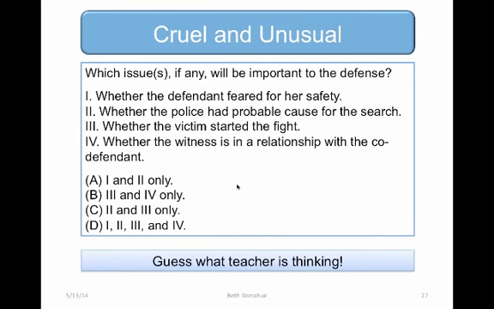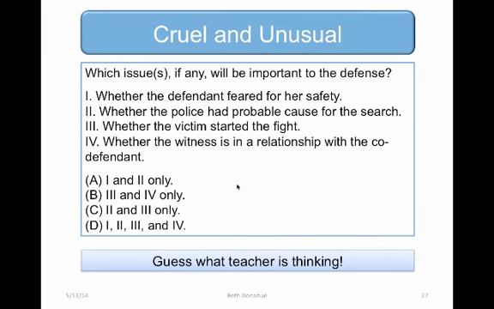All of this self-reference within the question gets people really caught up in loops, particularly under exam circumstances where they might be a little bit stressed to begin with. And of course this is a terrible question as well because it's asking what's important to the defense.